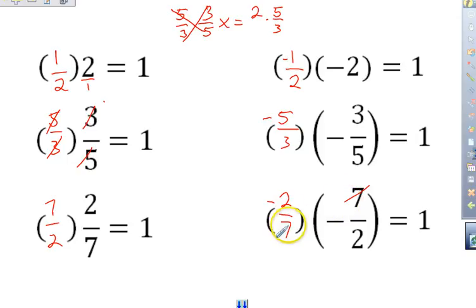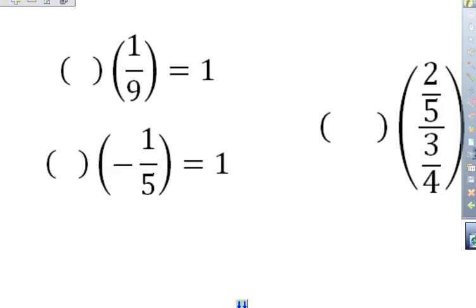All of these will cancel out, meaning equals 1, and the two negatives cancel out to be positive. Okay. Not too bad. And that's pretty much your homework. If you can handle that, okay. Not too big of a deal. There's a few more. Don't forget to simplify.